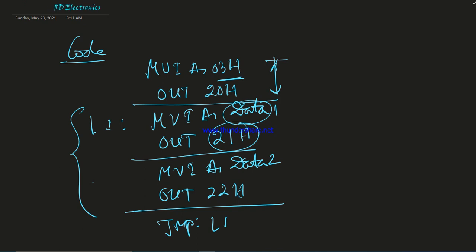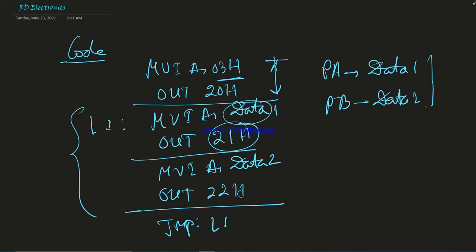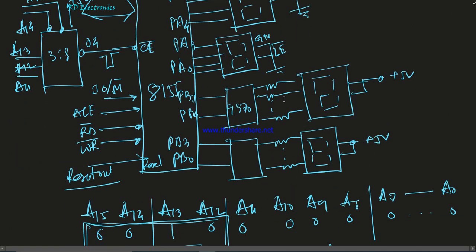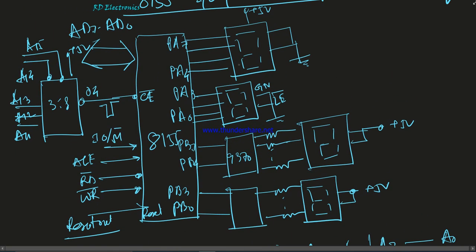So using this jump, we loop the program, and the display will show the proper data: through port A we show data 1, and through port B we show data 2. Depending on the various data, we can show one data at this display and another data at this display.